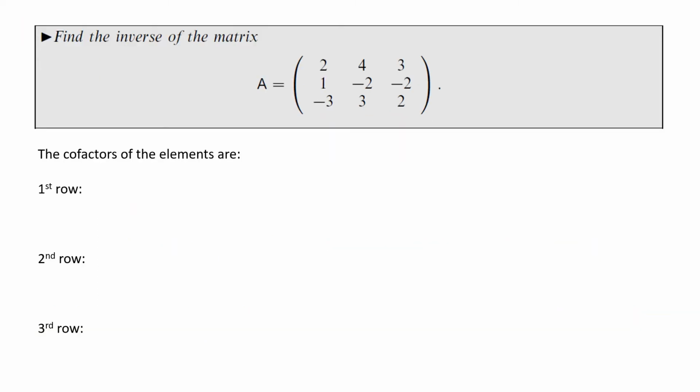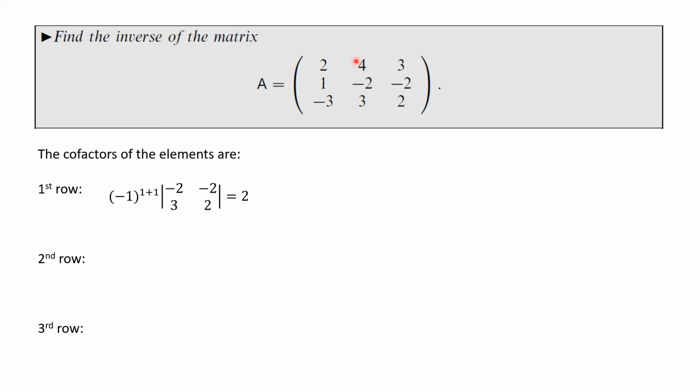Now let us find the cofactors of all the elements of A. In the first row, first column, we have your A11, which is equal to 2. Finding the cofactor, we have negative 1 raised to 1 plus 1 times the determinant of this 2 by 2 matrix here. So you have negative 1 raised to 2, that's positive 1, times the determinant of this 2 by 2 matrix. This is equal to 2.